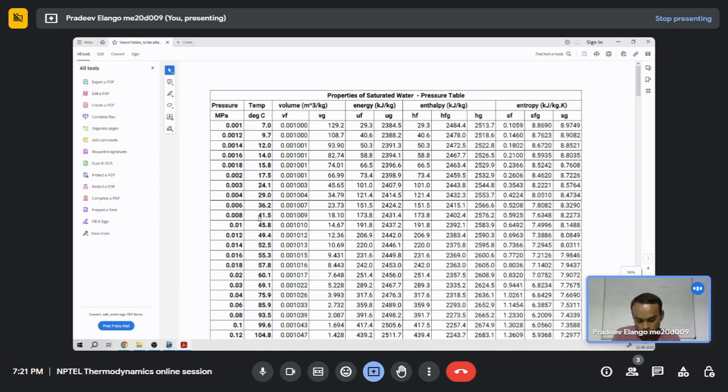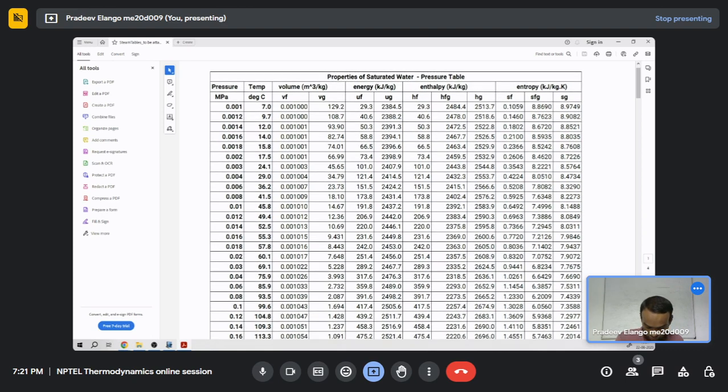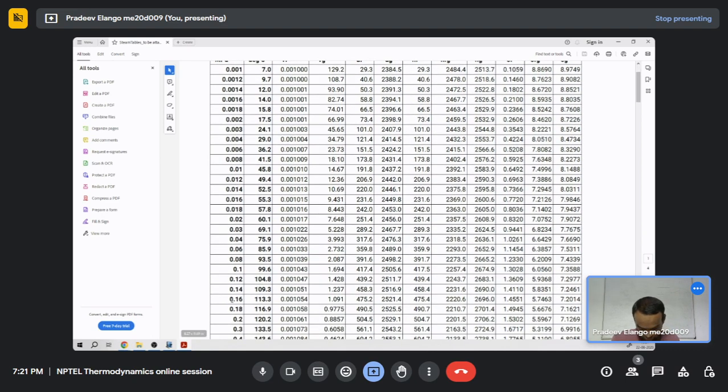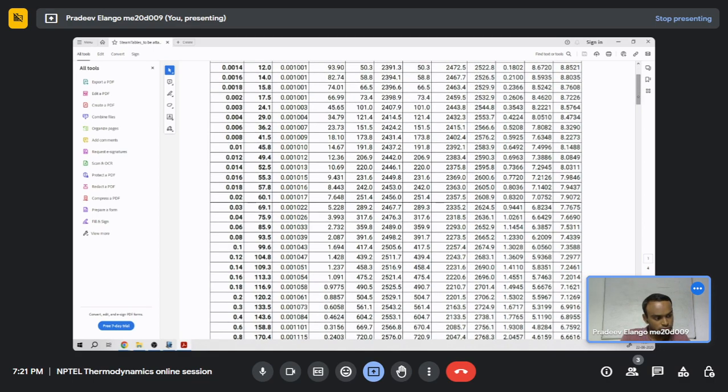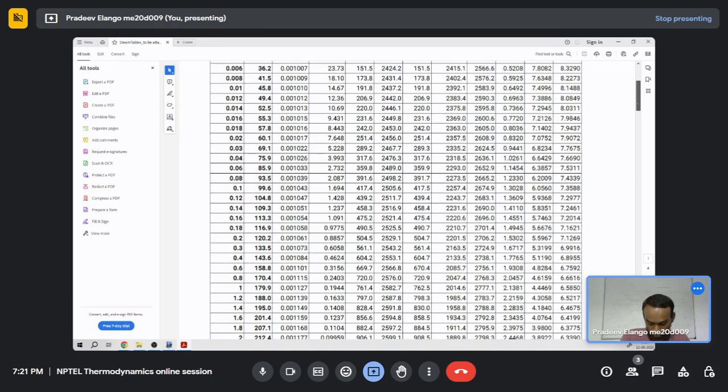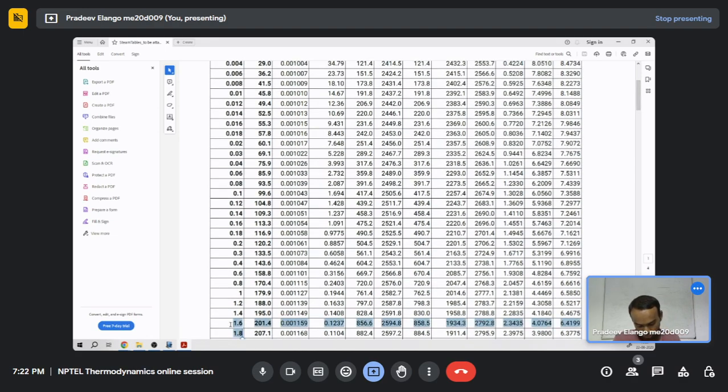So our point of interest is 175 kilopascal. 175 kilopascal is 0.175 megapascal, and here the pressure is given in megapascal, so we have to interpolate the values in between these two.